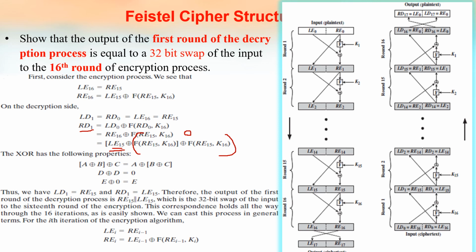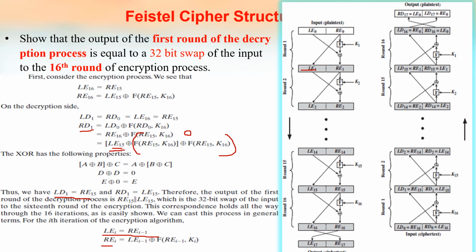So this is one simple proof to understand that at each stage the encryption value and the decryption value are the same, except that both halves are swapped or interchanged. Here one general formula is given for each round: LEi equals REi minus 1, that is, LE1 equals RE0.